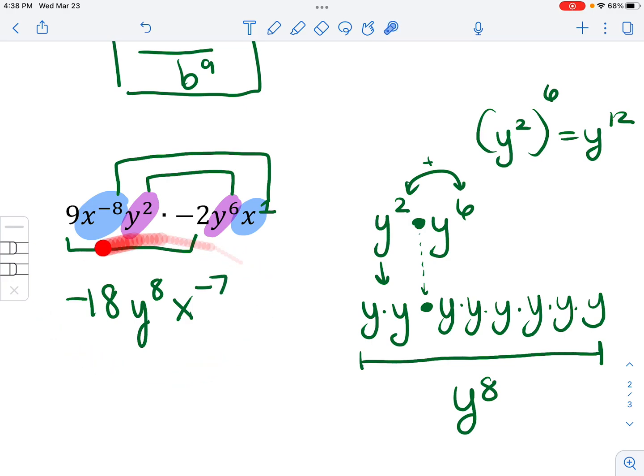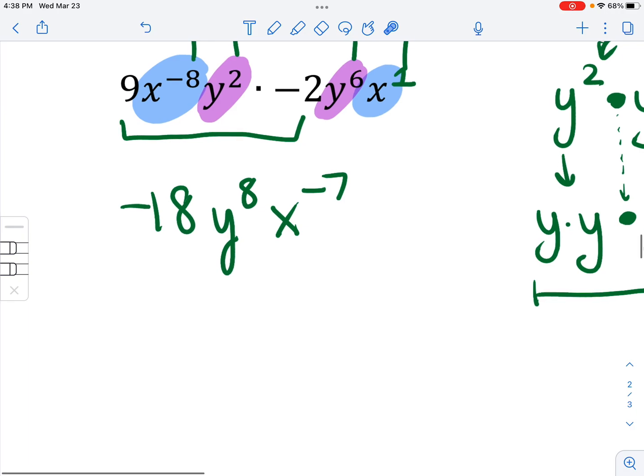So before I circle my final answer, I'm going to make sure that I don't have any issues. Are there any repeat letters? No, there's just one single y and one single x. It's not like here where there are x's and y's all over the place. Are there any things to fix? Yeah, that negative exponent. To change the sign, we change location. There is no location, so we're going to draw a fraction bar.